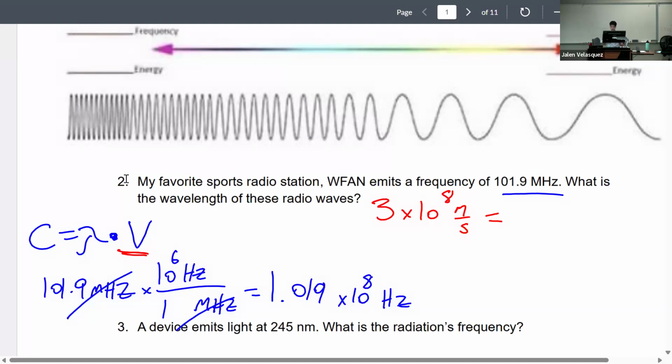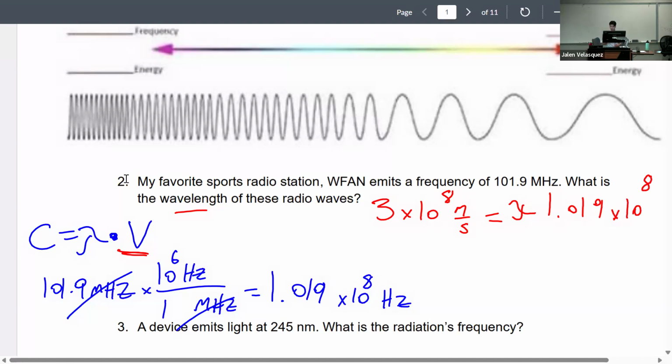So that is equal to lambda, which I'm solving for, times the frequency in hertz.